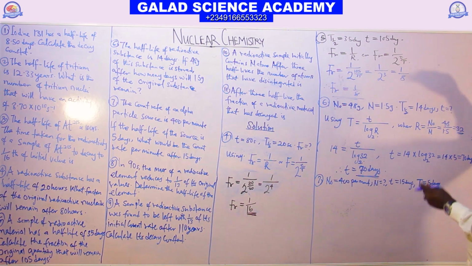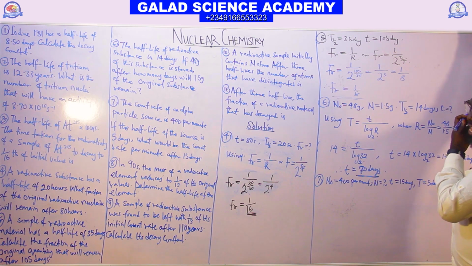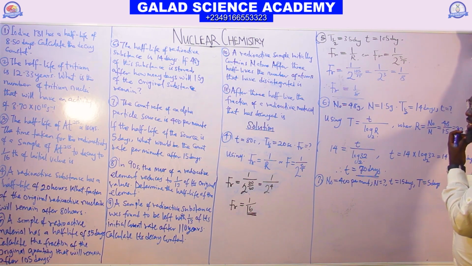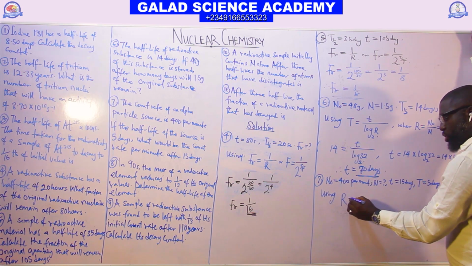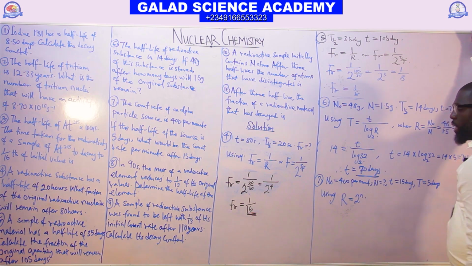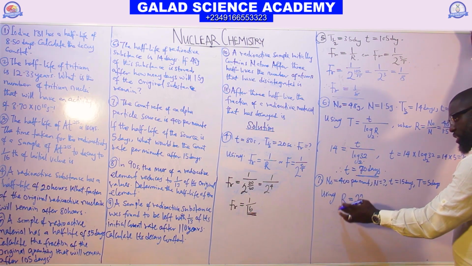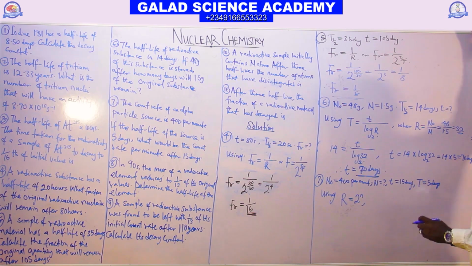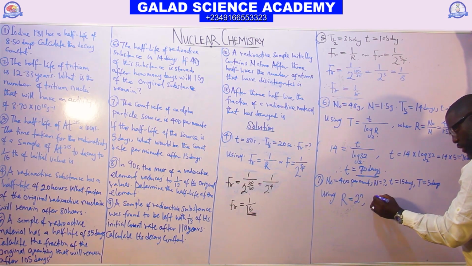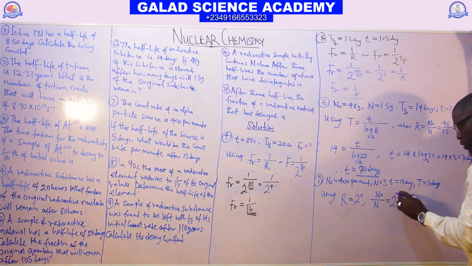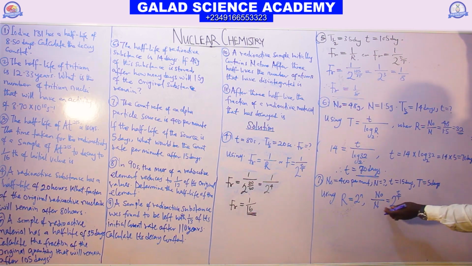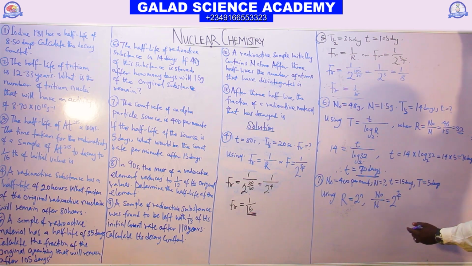So we are now asked to find the N. It's very easy. We will apply this formula using the disintegration ratio, R, which is N naught over N, equal to 2 to the power of small t over capital T.